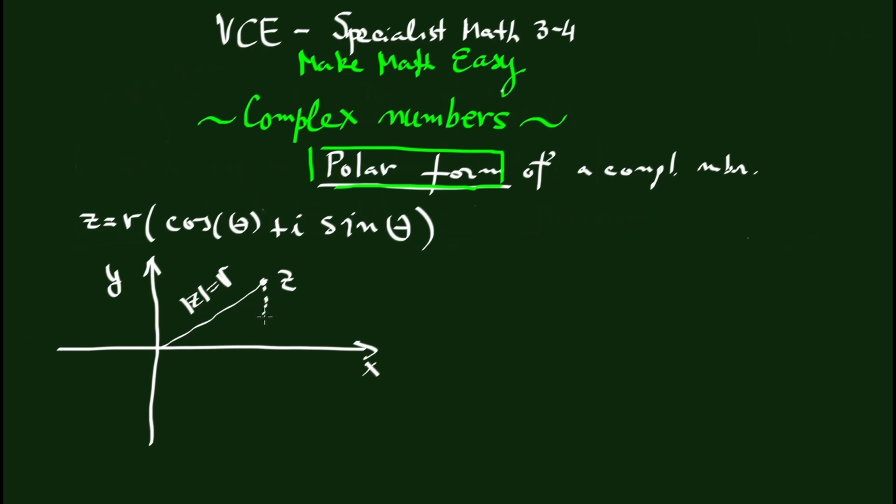And this is our x coordinate, and here is the y coordinate. And the angle here is our angle theta. That angle there. So that's the polar form.